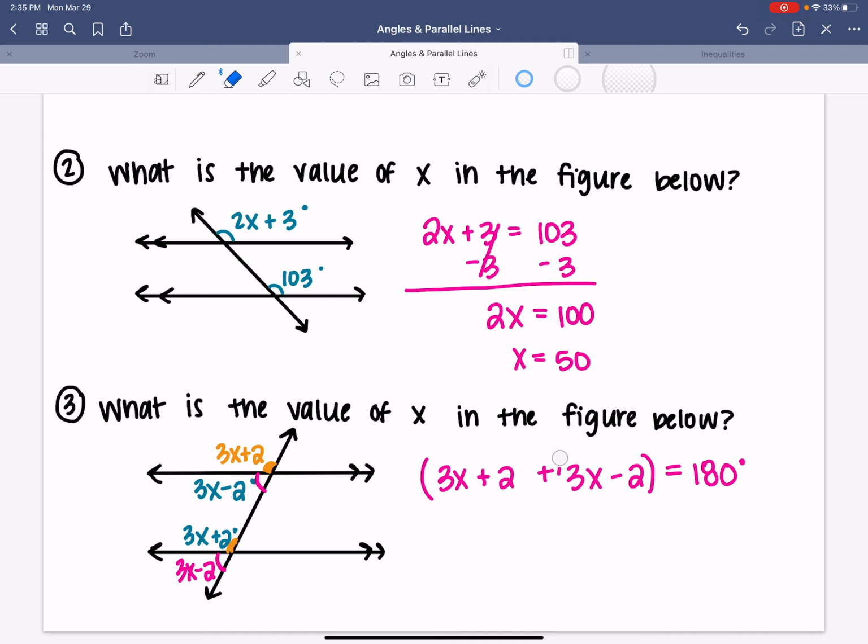I just put them there as a precaution. So 3x plus 2 plus 3x minus 2 equals 180. That gives us 6x, and then positive 2 minus 2 is 0. So just bring down the equals, 180, and then divide by 6 on both sides. So that would be x equals 30.